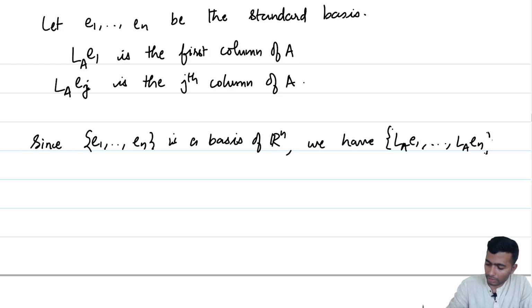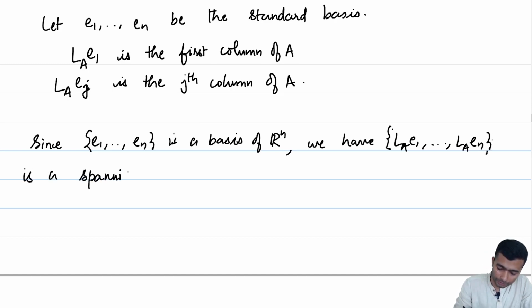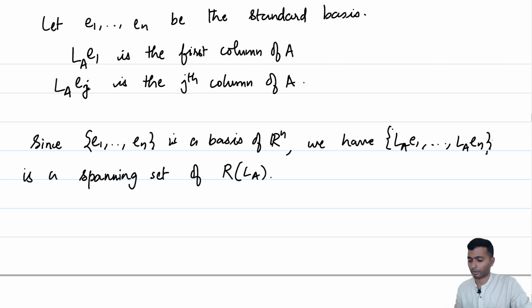This set is a spanning set of range of LA. So, we will call the span of LAE1, LAE2 up to LAEn the column space of A, because it is the span of the columns of A, right.